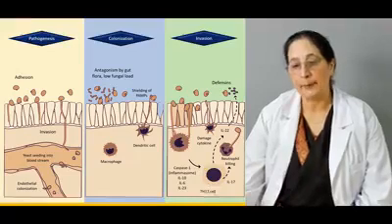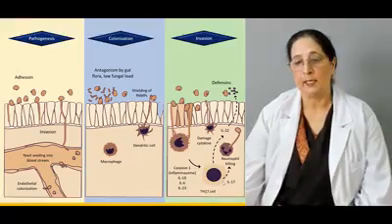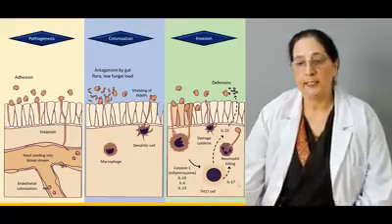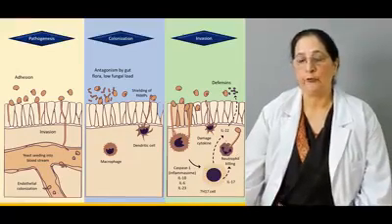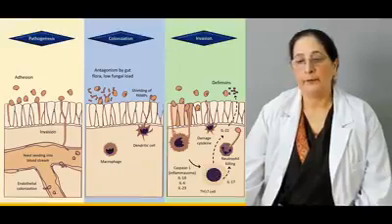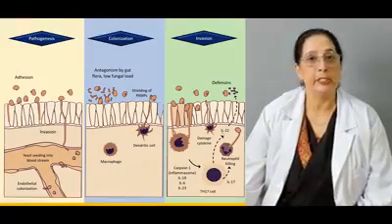There is T helper cell 17 and interleukin 17, with neutrophil killing of the microorganism. From the inflammasome, we also have interleukin 22.